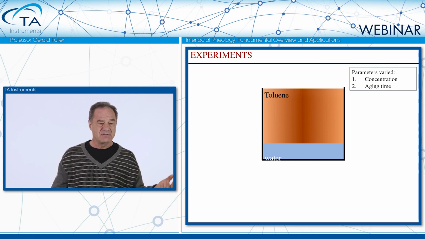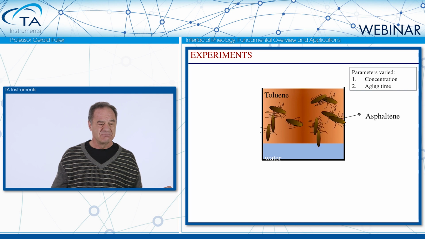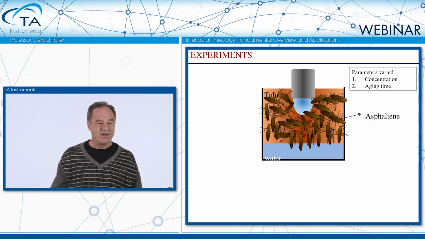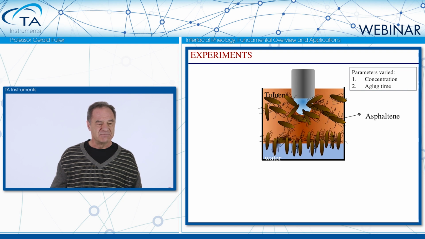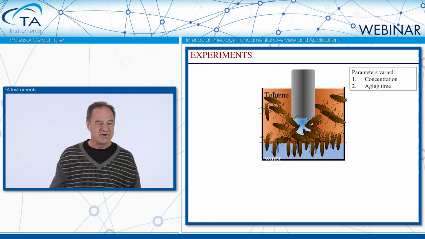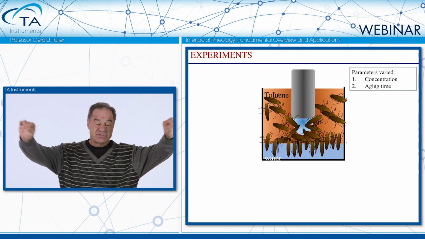Then we add some asphaltenes, kind of ugly molecules. And then we change the concentration. We add a drop from above. Give it some time. They adsorb to all the oil-water interfaces, and then we bring the drop down towards that interface, and then we'll get a drainage.